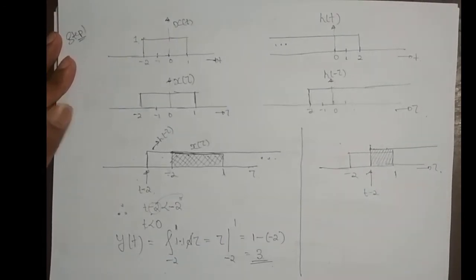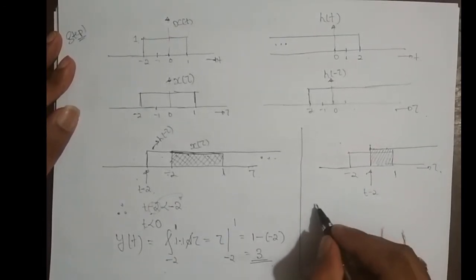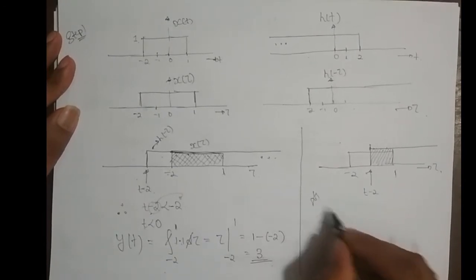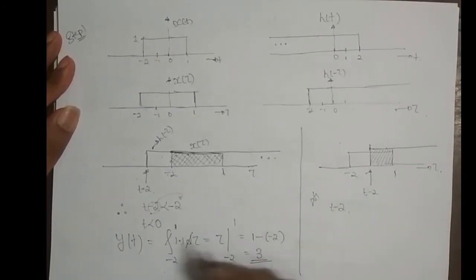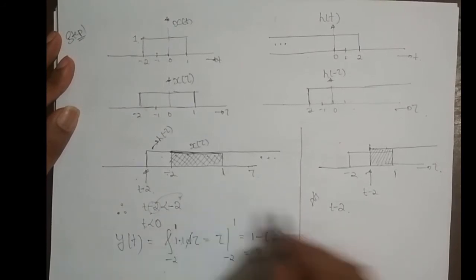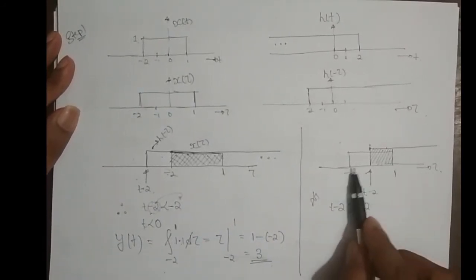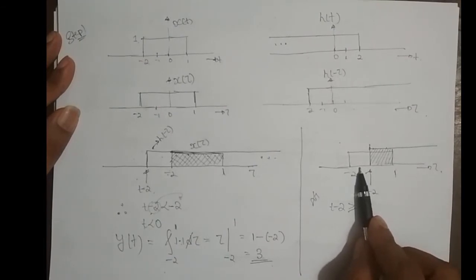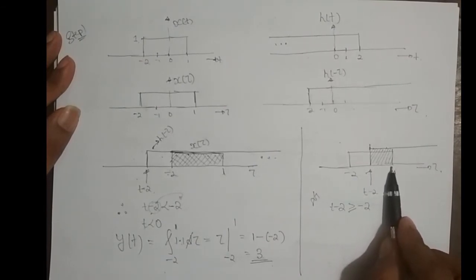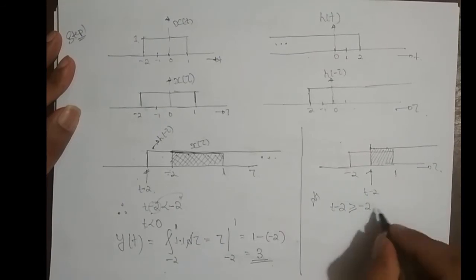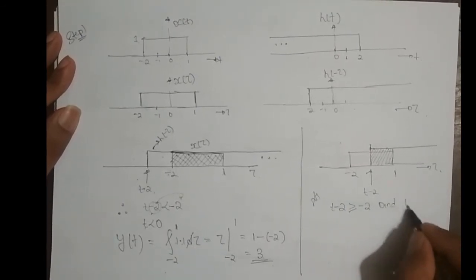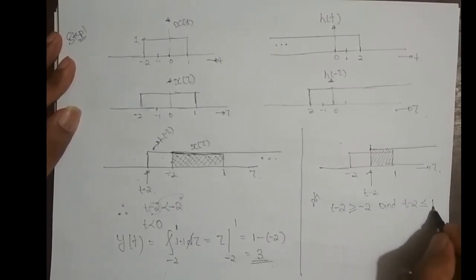Okay. So now what is the condition? For t minus 2, I did not include minus 2 before; I will include it now. So t minus 2 is greater than or equal to minus 2, in the sense this slider is greater than or equal to minus 2, and I can move this slider till 1, right? So t minus 2 is less than or equal to 1.